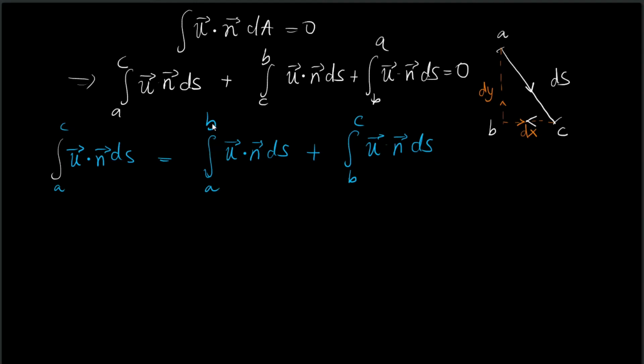If an integral goes from A to B, the ds will be equal to minus dy. So what is u for this particular face? The u velocity is this by convention, and the v velocity is this by convention, and the normal over here is this, and the normal over here is this. These are the outward normals.